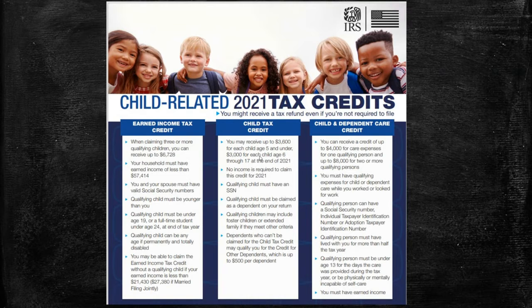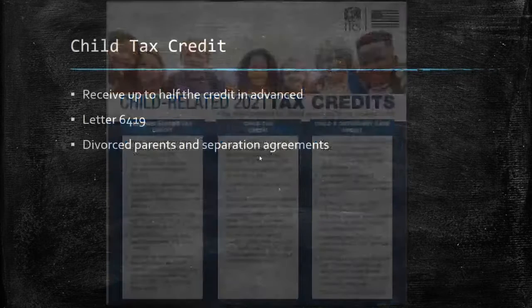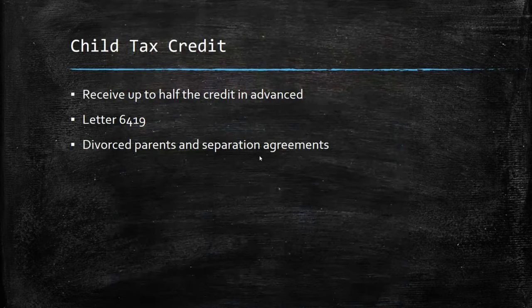So half of that credit, either one of those credits, was paid in advance starting July of last year. If you had one child that qualified, and it was a child that was age 5 or younger, you were getting $300 a month automatically, unless you elected out of the advance payments.